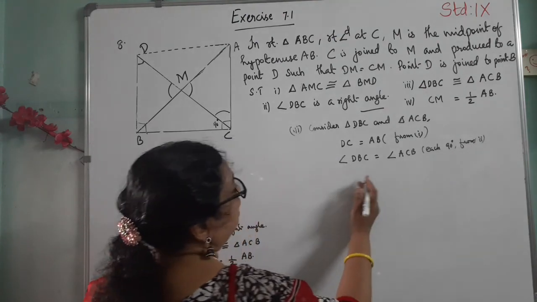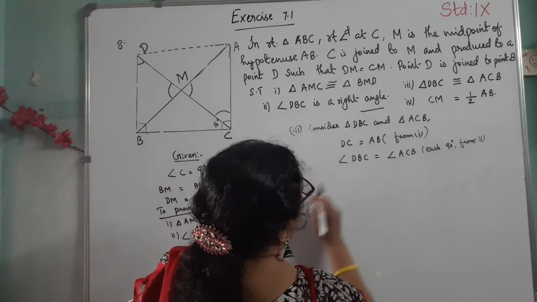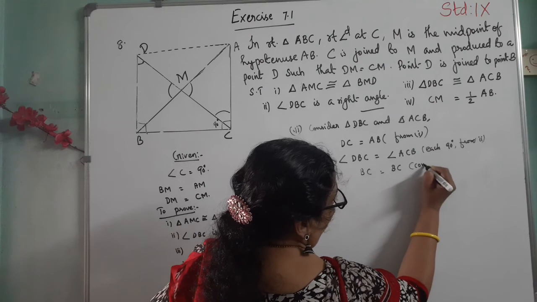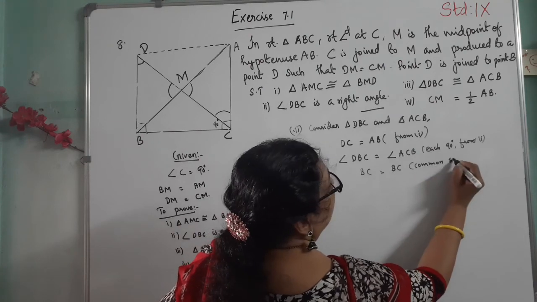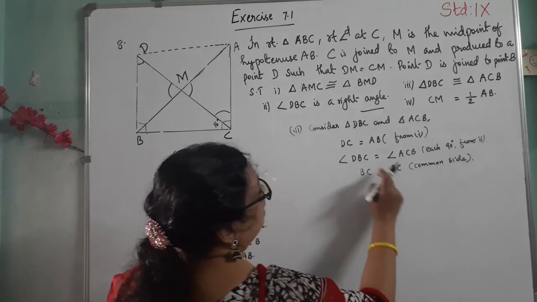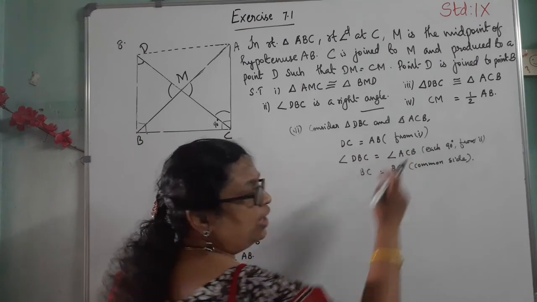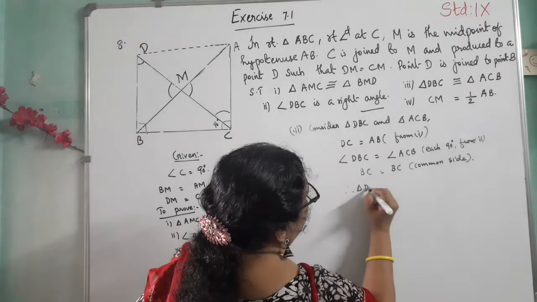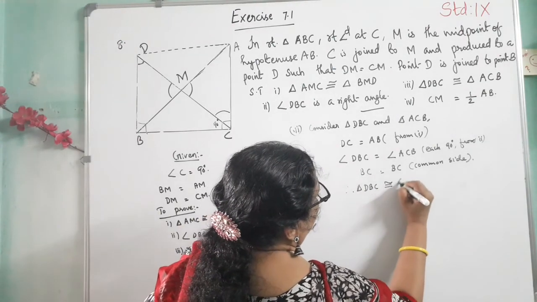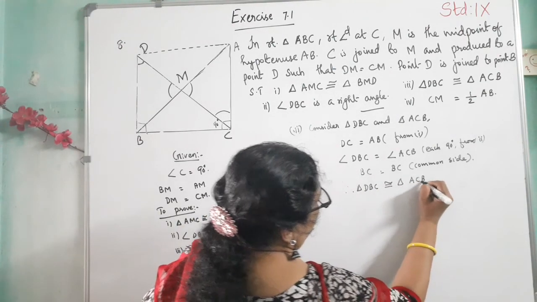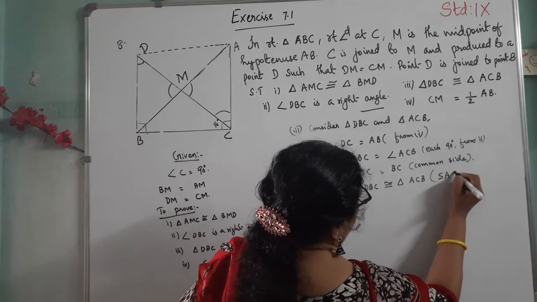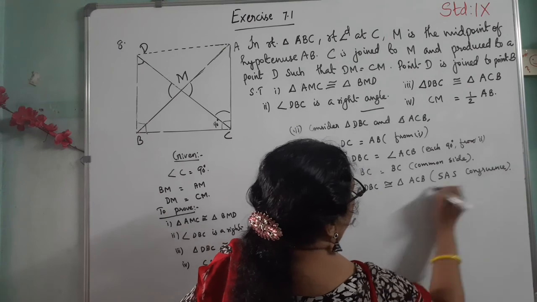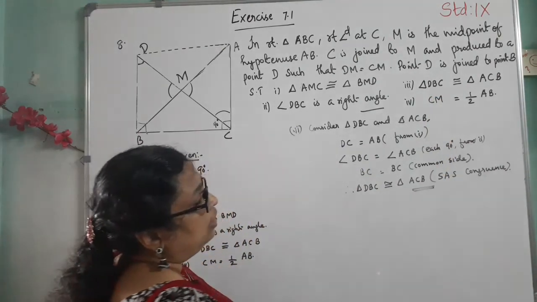Then BC equals BC, that is the common side. That is two sides and one angle, that is SAS congruence. Therefore triangle DBC is congruent to triangle ACB by SAS congruence. So these two are congruent.